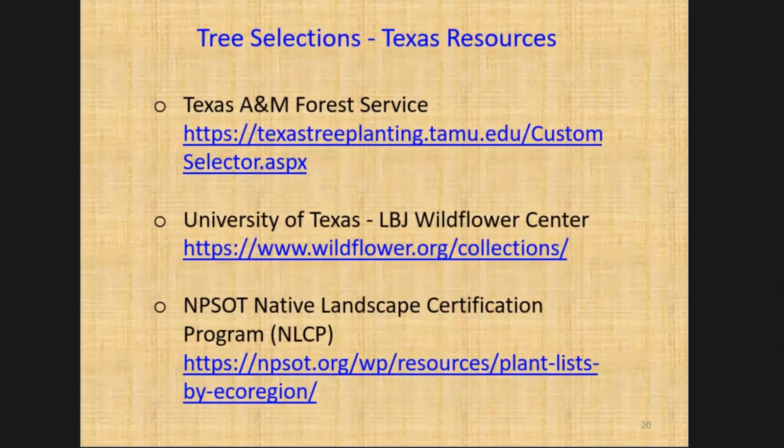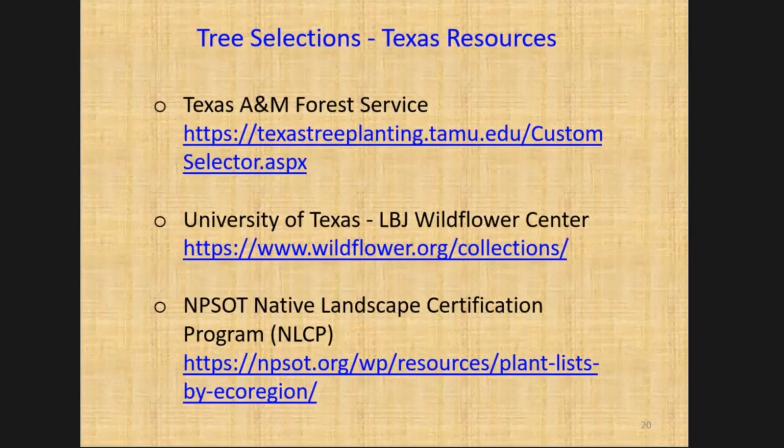I'll leave this up for a second so you can screenshot it or take a photo of it or write it down. There are 3 sources here, one being Texas A&M Forest Service. They have an on-site tool where you can put in your filters, if you will, of what you want, and it'll spit out what will grow for your area or what's best for your area.